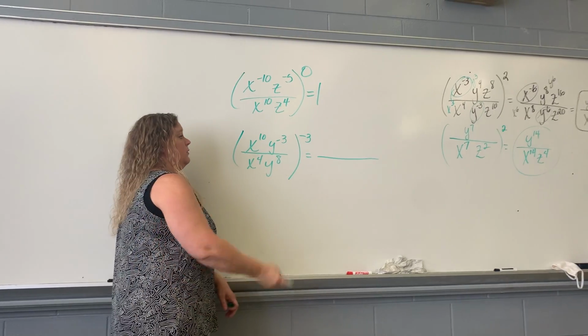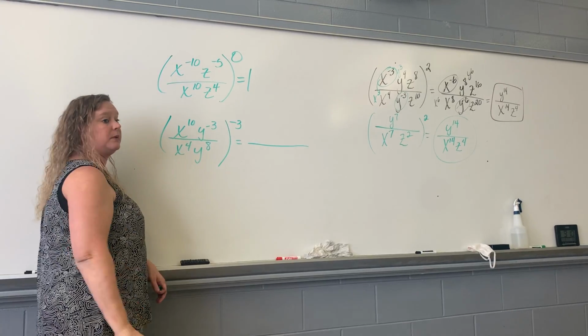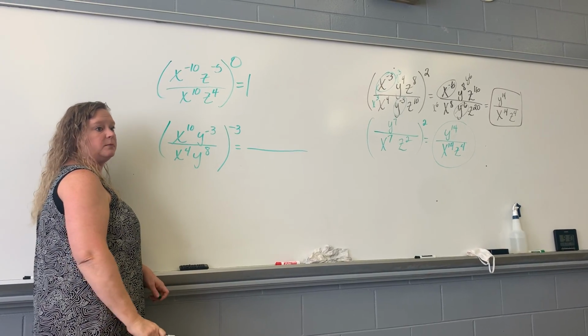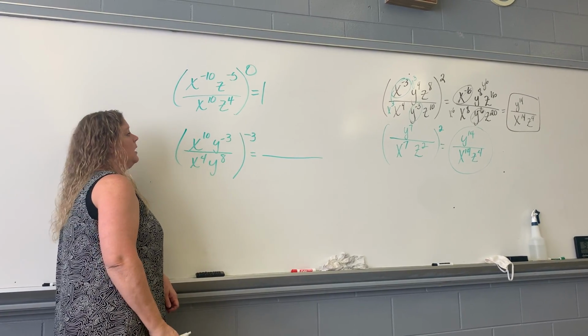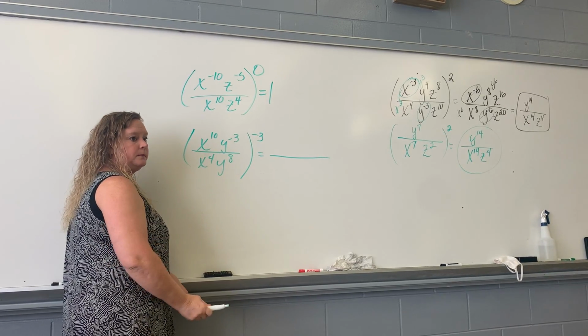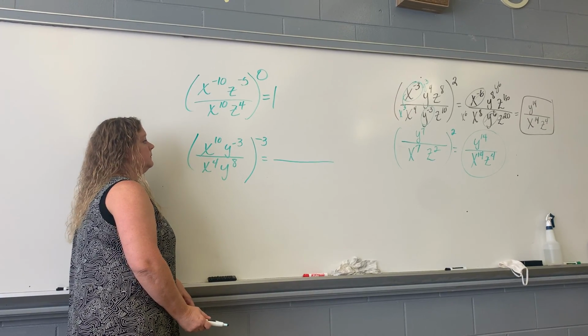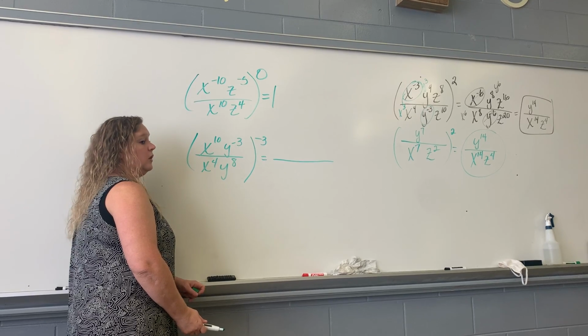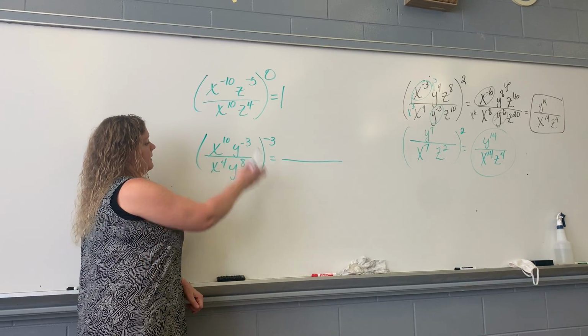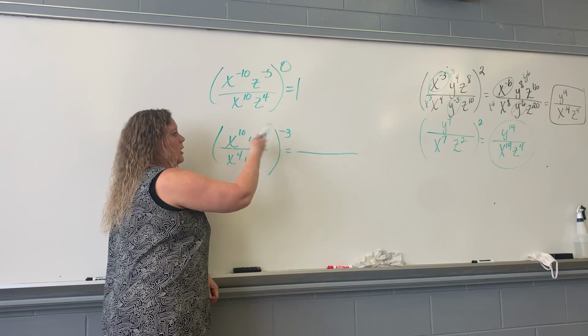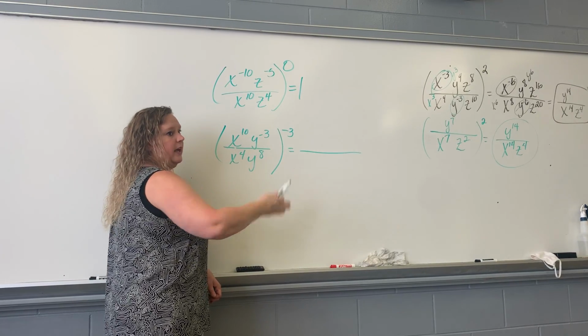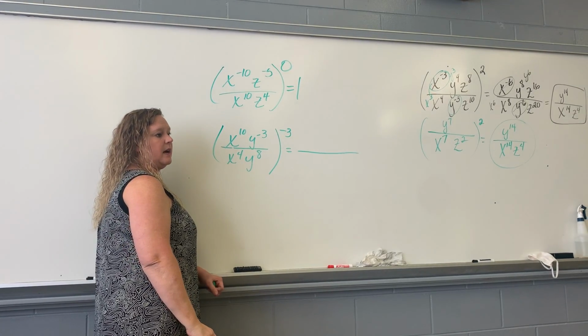You can first take this negative and multiply it through. Power to power, you multiply, even if it's a negative power. And then you can fix them all. You could simplify what's here, multiply them all by negative 3, then move all your negatives around and simplify.